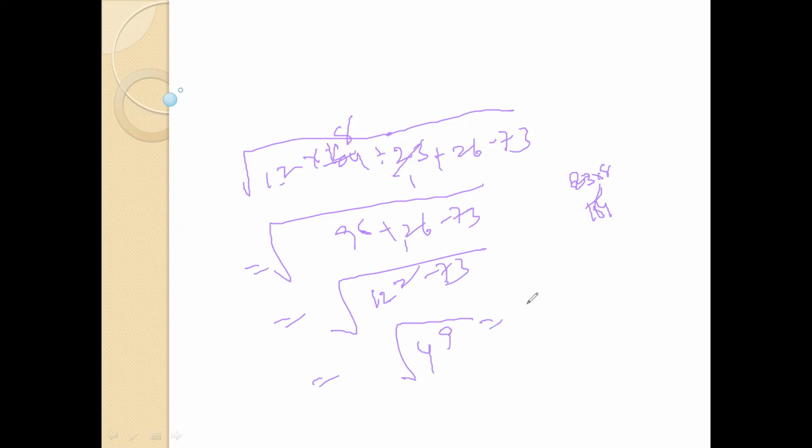Square root of 49 is 7. 7 is the right answer. Very good.